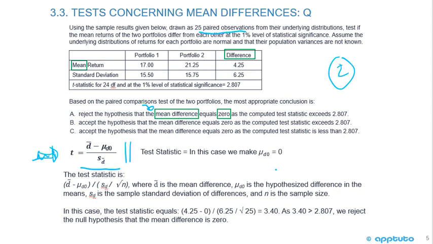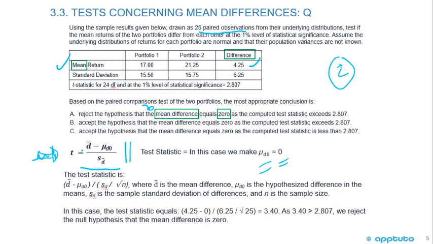The second thing is that you can see that we can make the mu d0 equal 0. So the second part of the numerator is going to equal 0, and the numerator is just going to be the difference in the means, which is the 4.25. I put that in a green box as well.